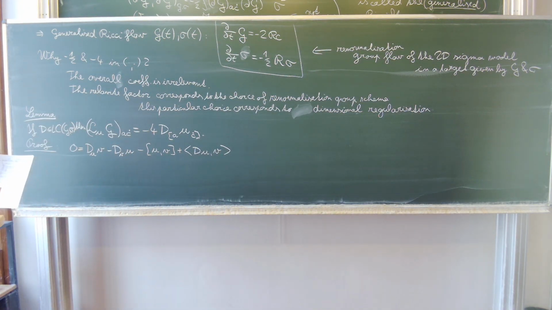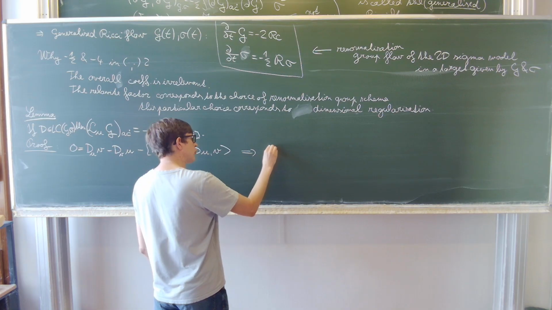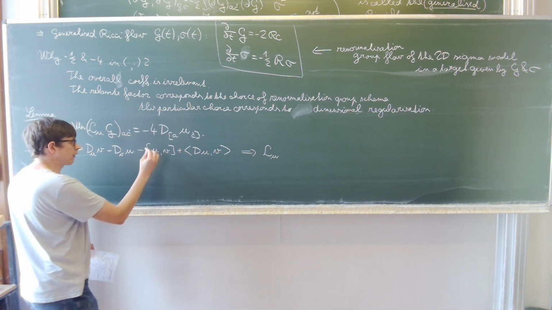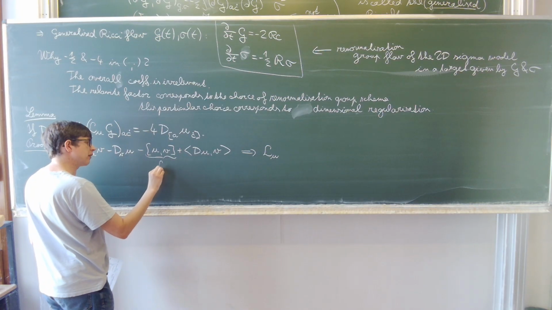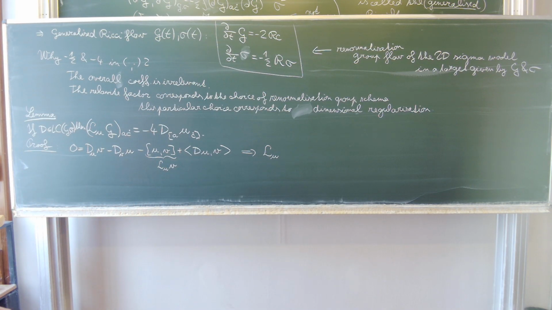Now, what I will do from this is use it to get a handy formula for what this thing is. Again, this term here is the derivative of v along here, generalized.